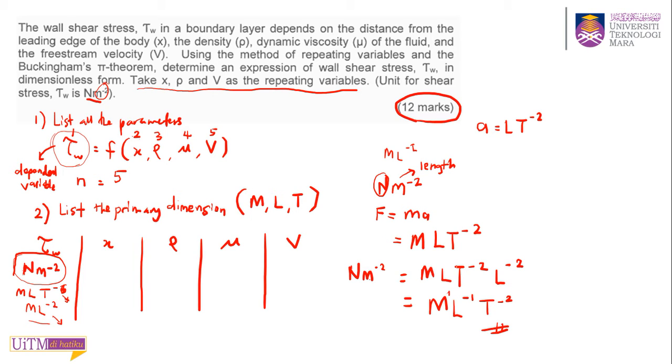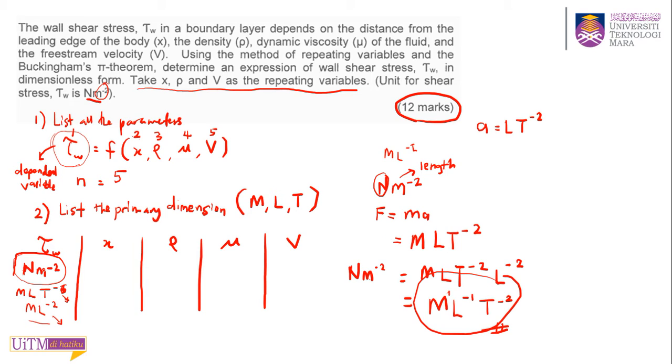Okay, so be careful with the primary dimension. It's actually easy when I show you, you know how to do it. You know the Newton is F, you know MA and the primary dimension for F, and then you just multiply with L minus 2, the meter minus 2. You just need to be careful.